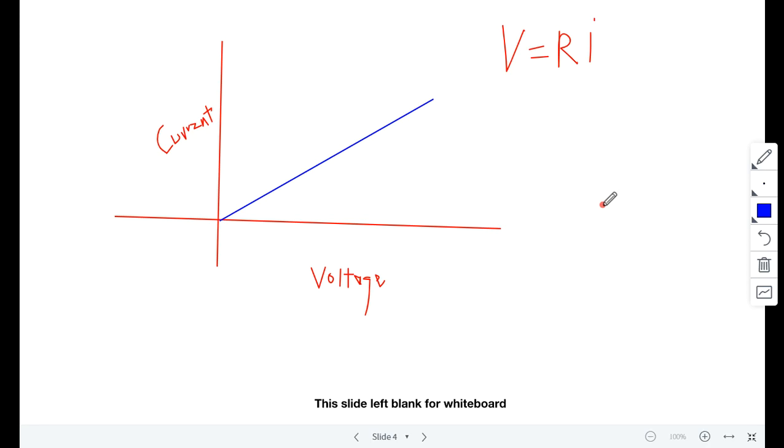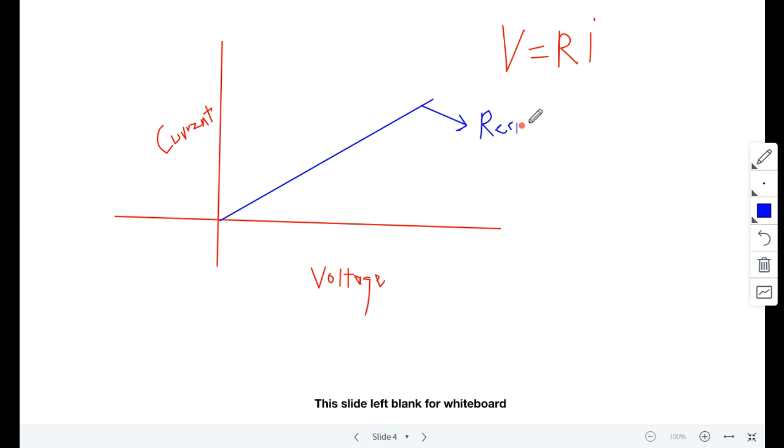Since it is a straight line through the origin, as current increases, voltage increases. They are directly proportional. This shows the slope, and that slope is the resistance.